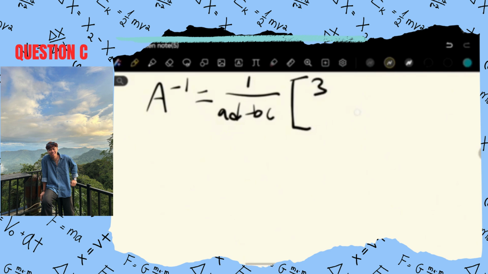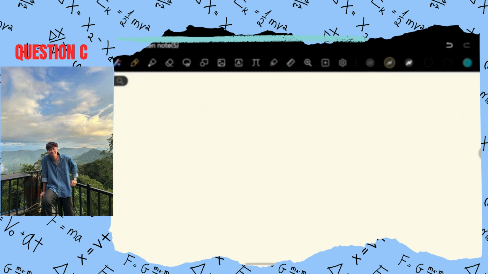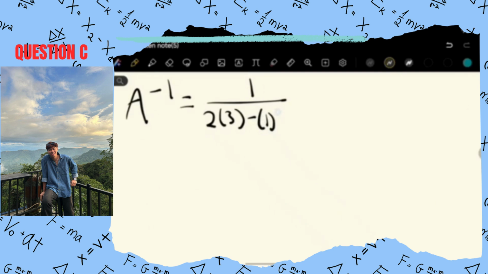So for A inverse, 1 per AD minus BC, which is 2 times 3 minus 1 times 5, followed by the matrix form, which is 3, negative 1, negative 5, 2.